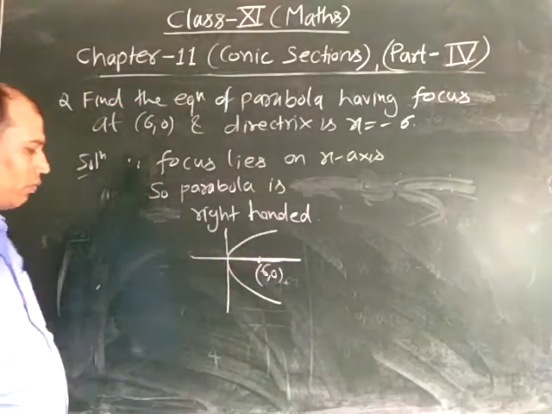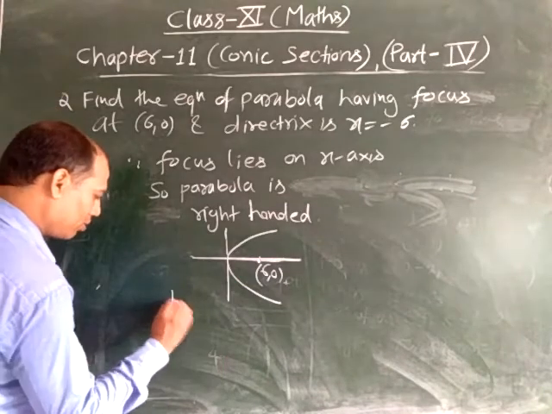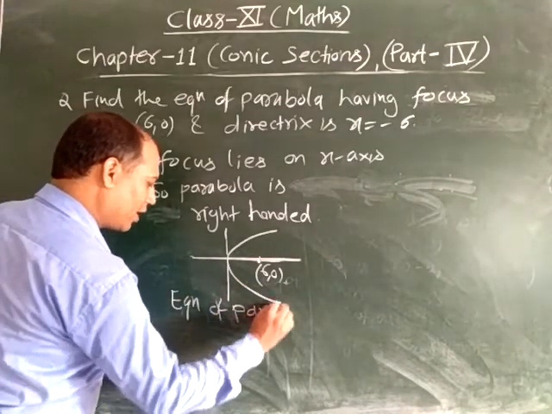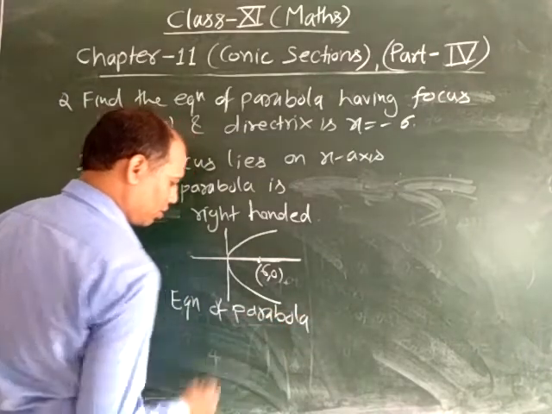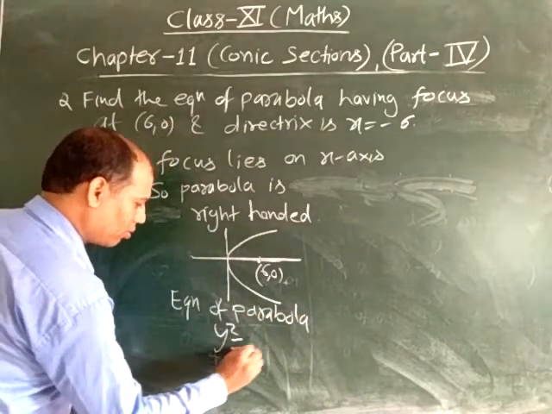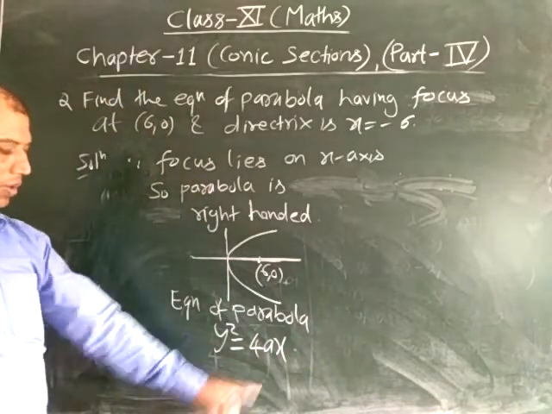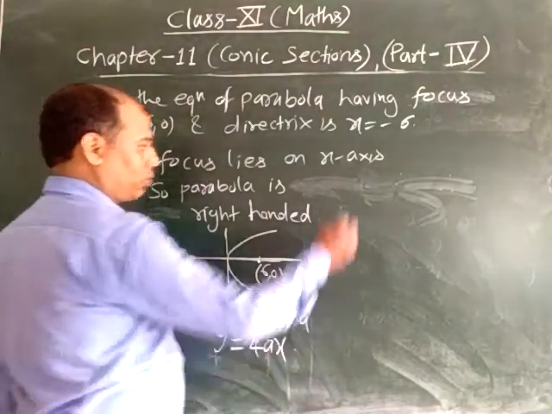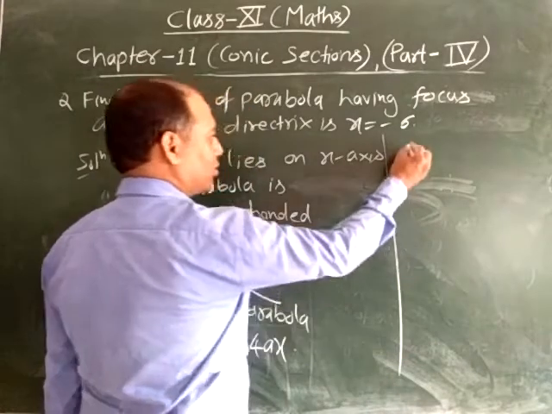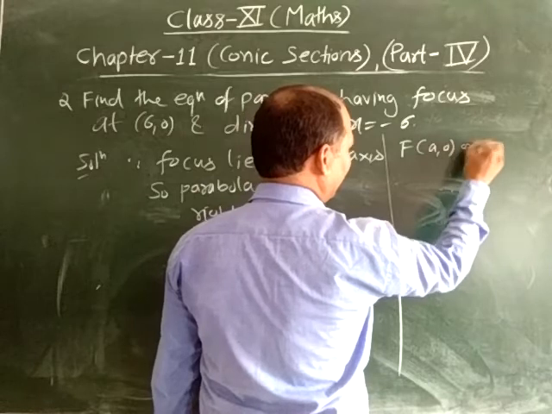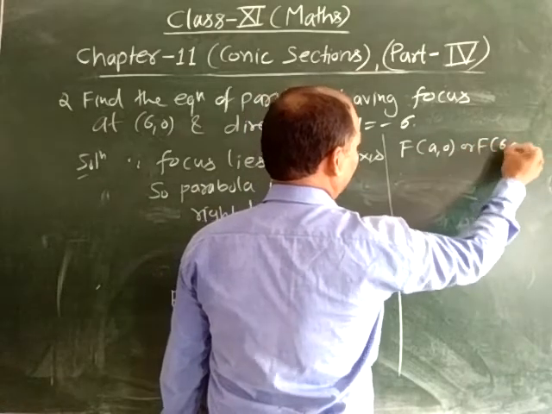Now we know that the equation of a right-handed parabola is y square equal to 4ax. Now we have to find out the value of a. Here the coordinates of the focus are a, 0, which are given as 6, 0.